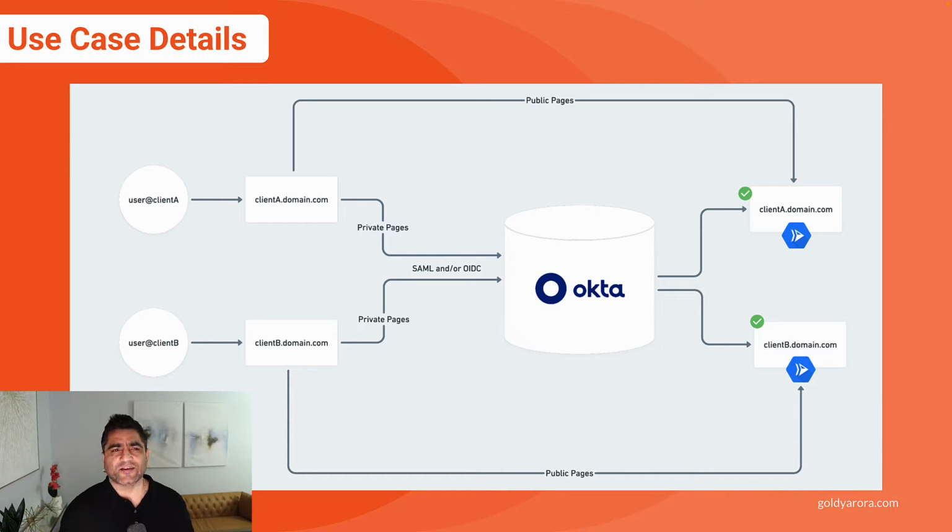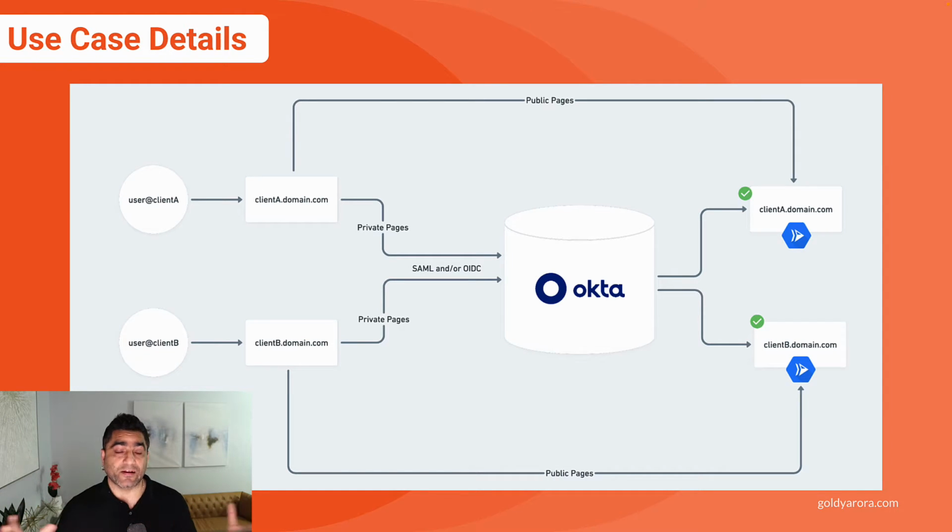Okay, so here are the use case details. The customer is in the business of building web applications and websites for their customers, and at any given time they have a few customers they're working with. So maybe they're working with client A and client B and client C and developing web applications for these customers.